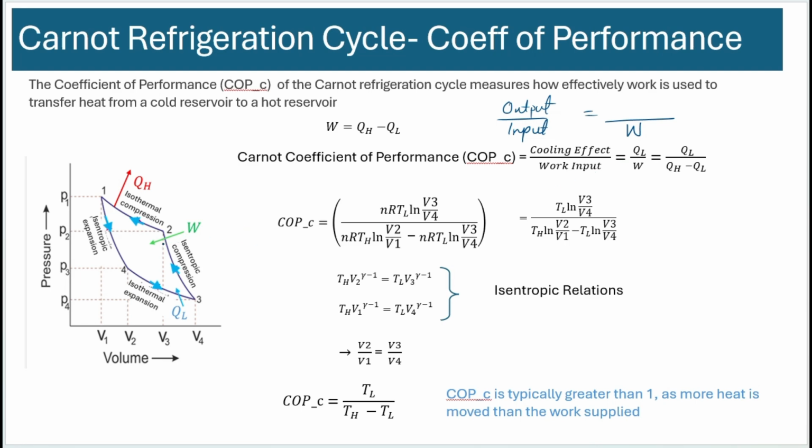The output is the amount of cooling that you're providing to your room or your refrigerator, so QL is the output. QH is the heat going to the outside, the hot waste heat. QL is the useful output we are looking for from the system. So QL over W is the efficiency, typically denoted by COP, coefficient of performance.